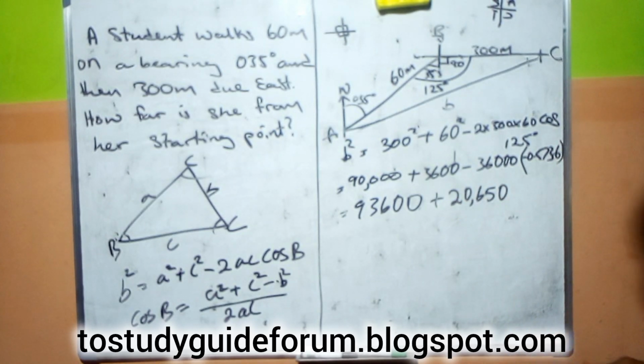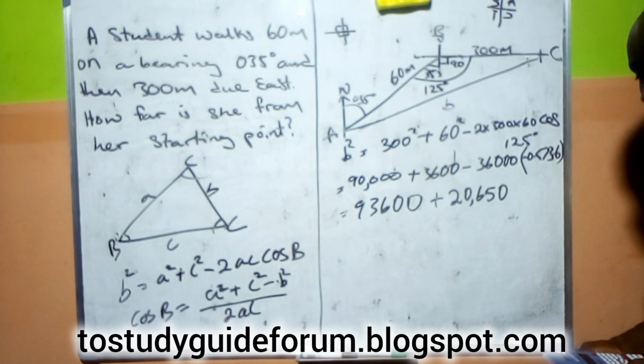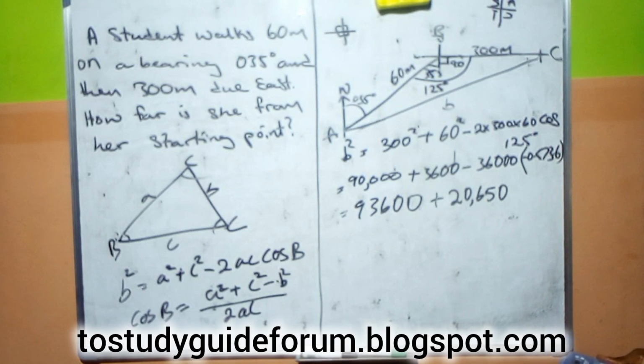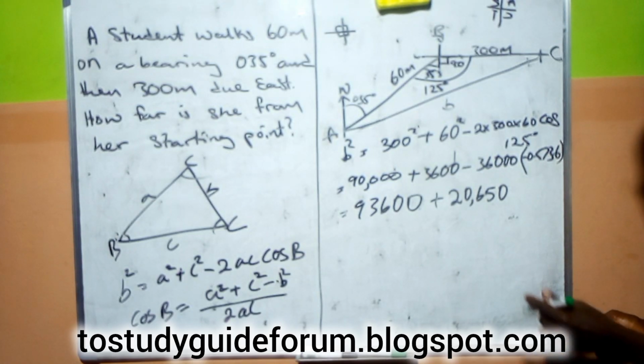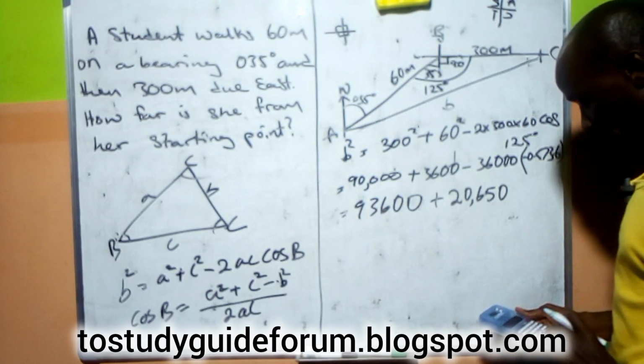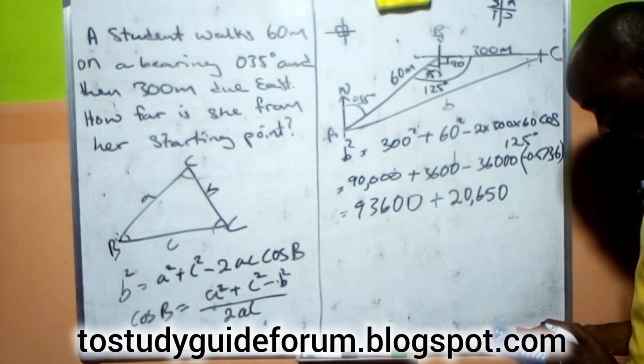So this is what we have. The next thing we are going to do is add up everything we have here.